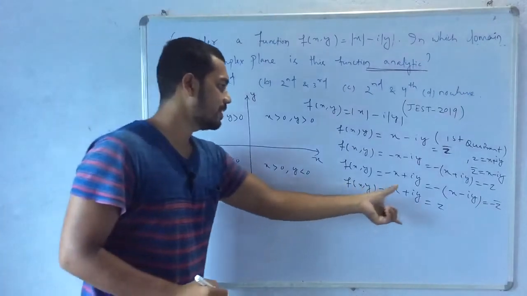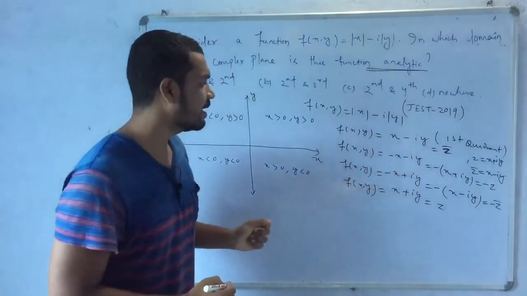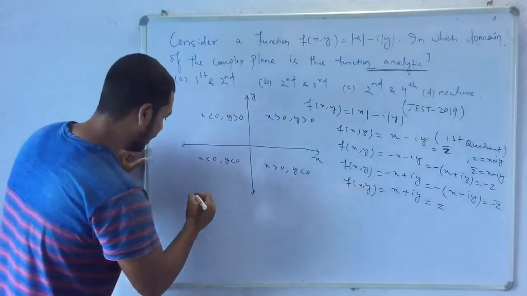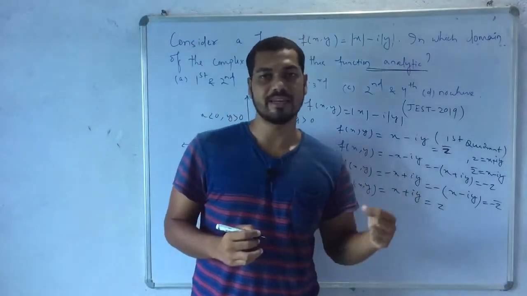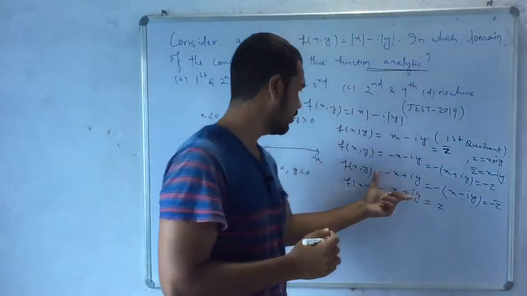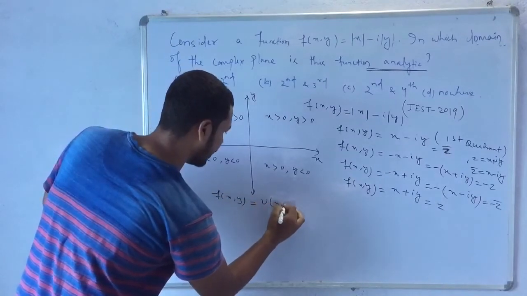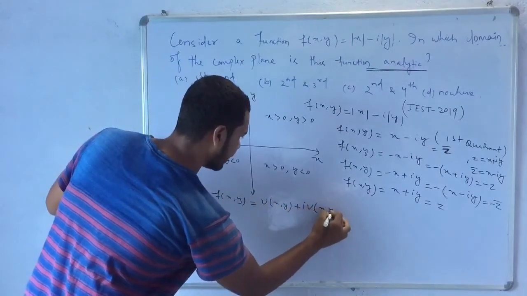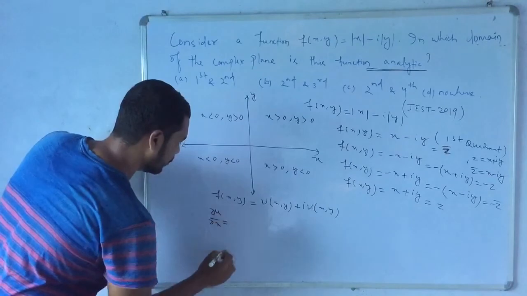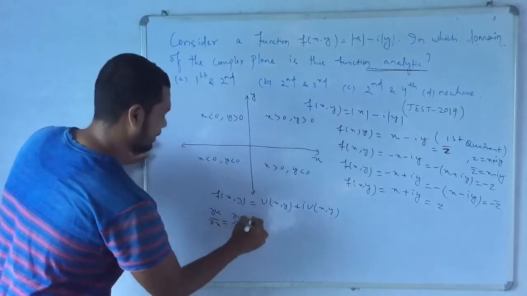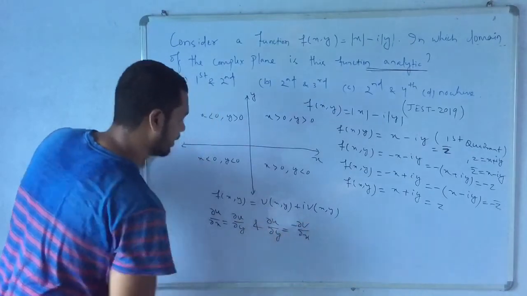So now you can check which of the following functions are analytic. To check whether the function is analytic, you can apply the formula. If a complex function is analytic, then it must satisfy the Cauchy-Riemann conditions. According to the Cauchy-Riemann conditions, if a function f(x,y) is of the form u(x,y) plus i v(x,y), then del u upon del x equals del v upon del y, and del u upon del y is equal to minus del v upon del x.